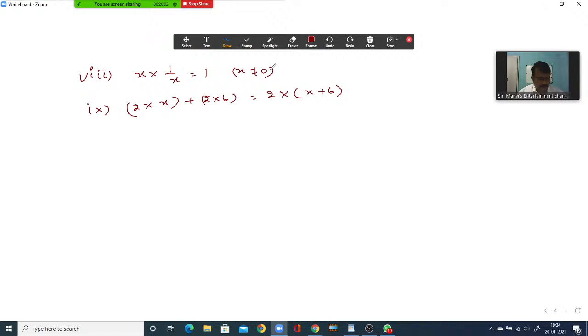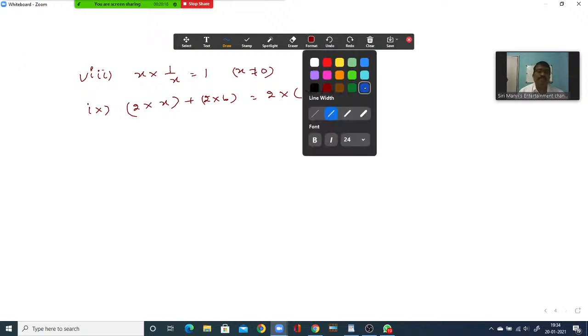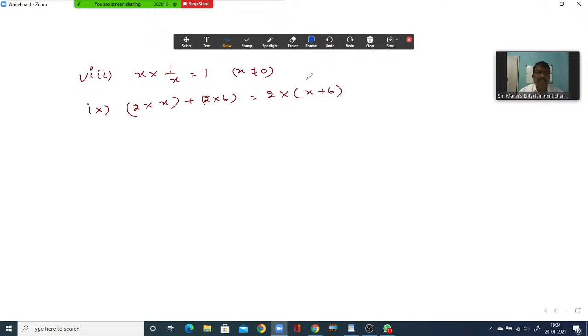As usual, when we multiply two numbers and get 1, we call both multiplicative inverses of each other. So that's why the name is multiplicative inverse law.